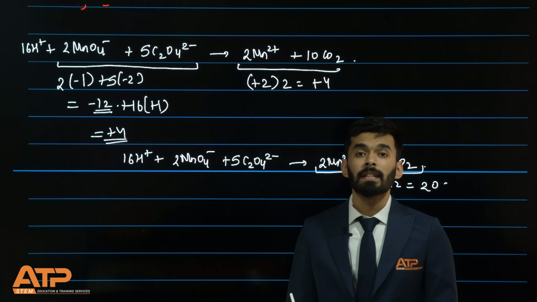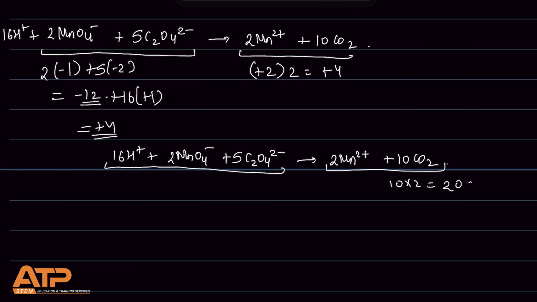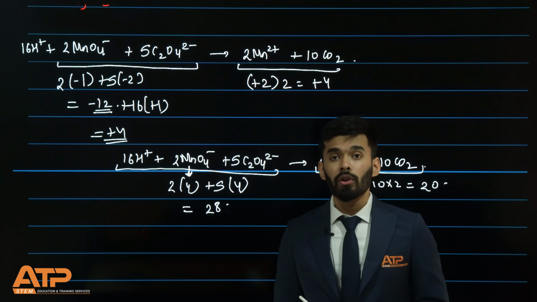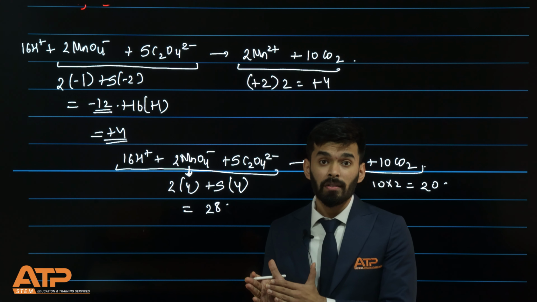And how many oxygen atoms are there on the reactant side? So on the reactant side, we have 2 into 4 oxygen atoms in this reactant, plus 5 into 4. So that is 28. So on the reactant side, we have 28 oxygen atoms.